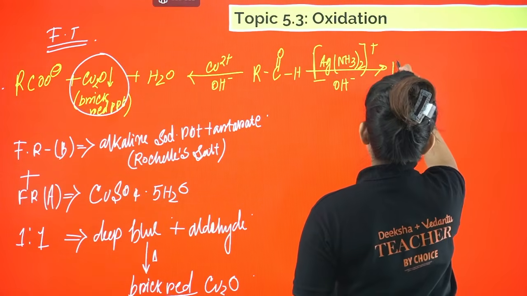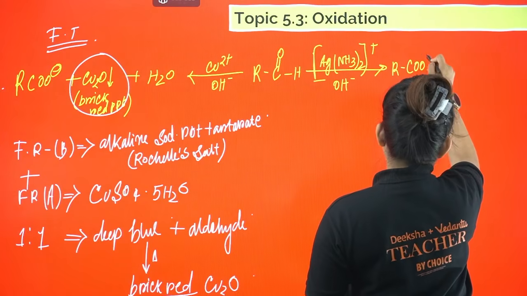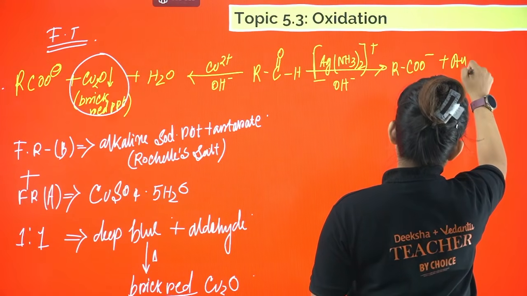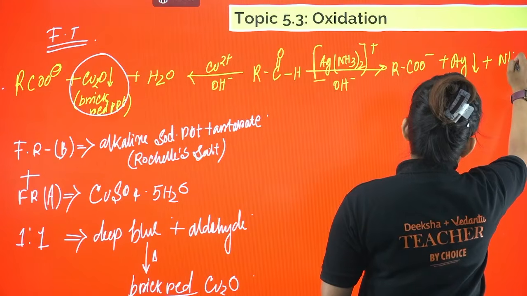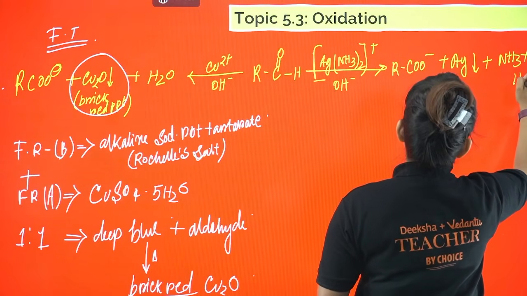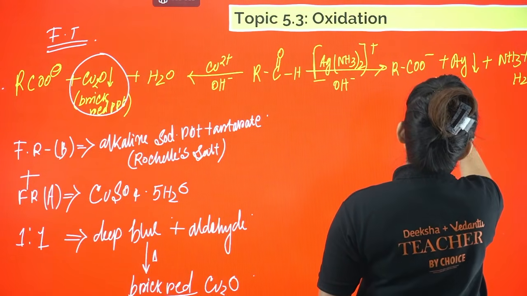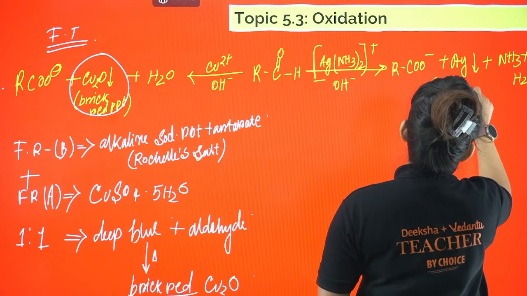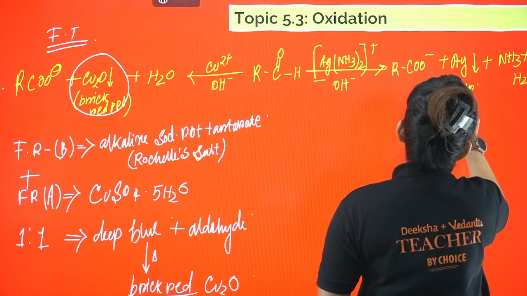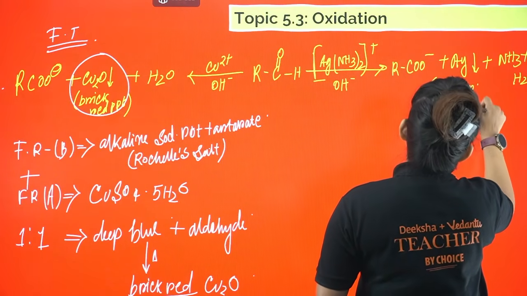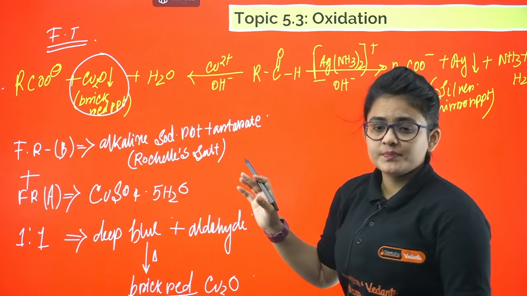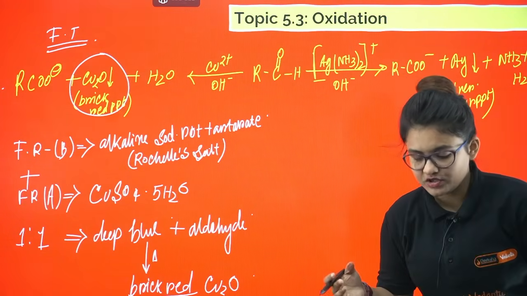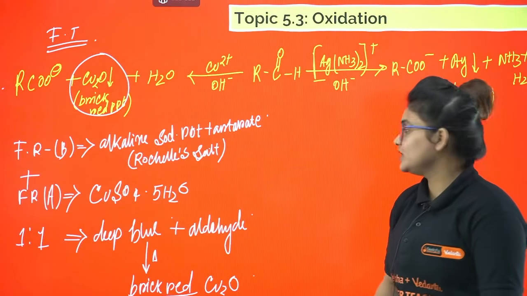It will give you the oxidized version RCOO minus plus Ag precipitate plus ammonia plus water. So this is basically the silver mirror precipitate. That is the observation that you should get in the Tollens test.